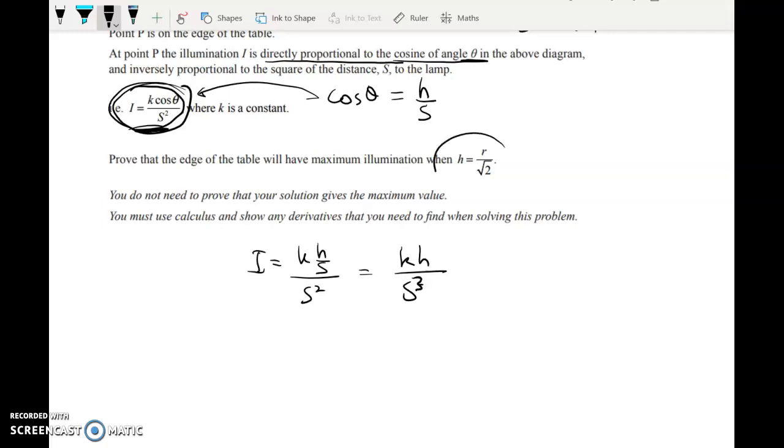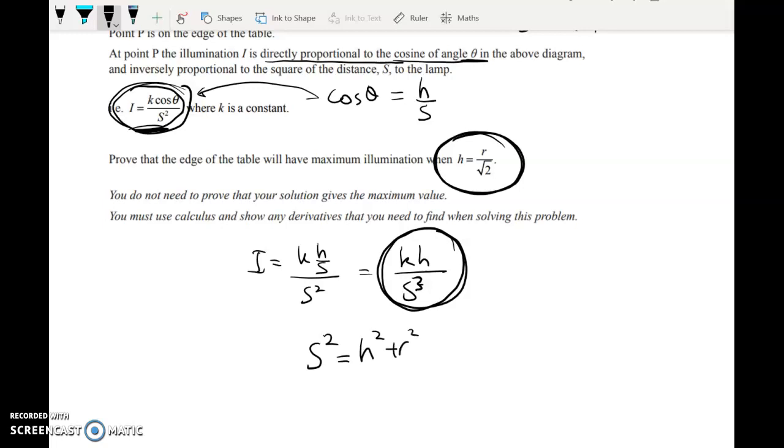The reason I want to do that is because I want to show that maximum illumination is when h is equal to the radius over root 2. So that means I'd like to have an r in this expression somewhere. So we're going to use s squared is equal to h squared plus r squared, and that means that s cubed is equal to this to the power of 3 over 2.